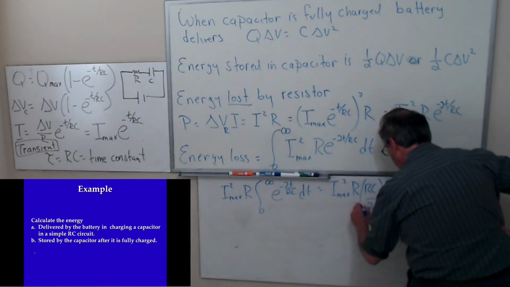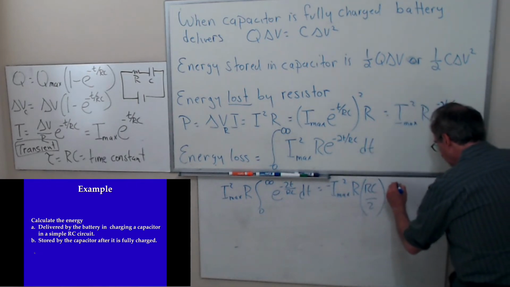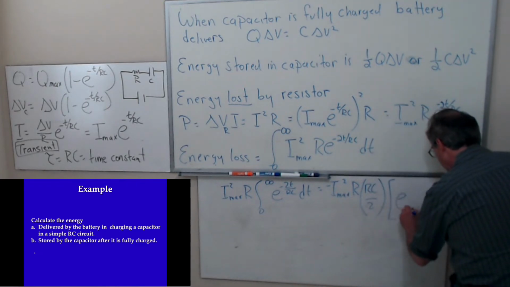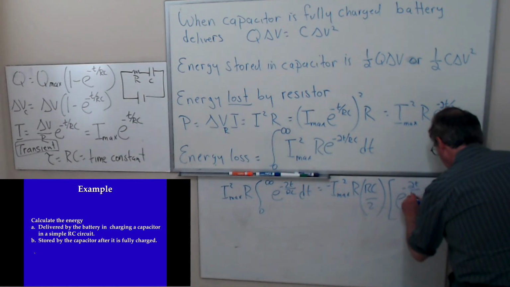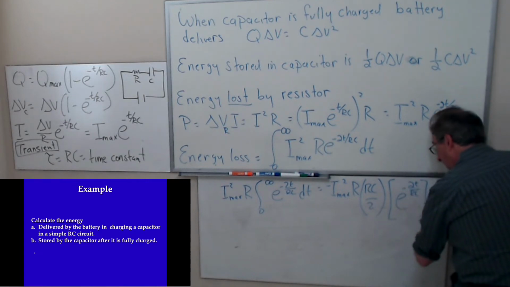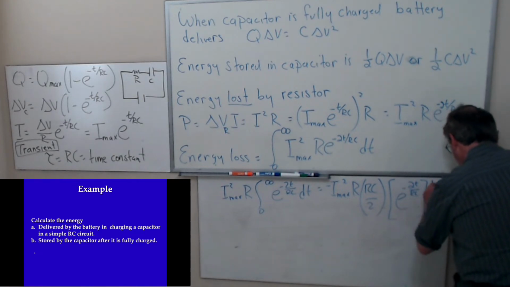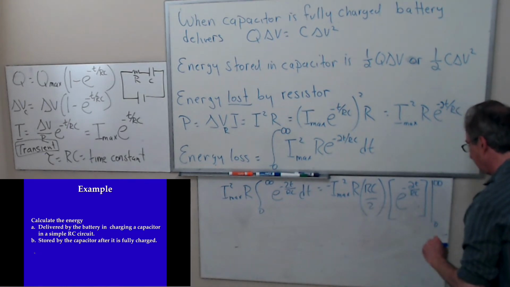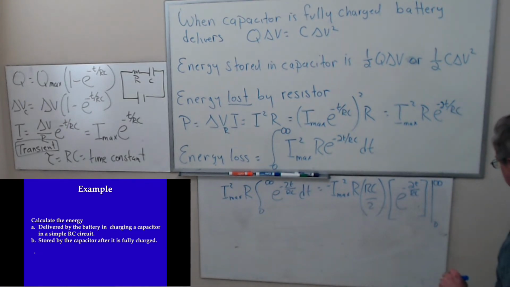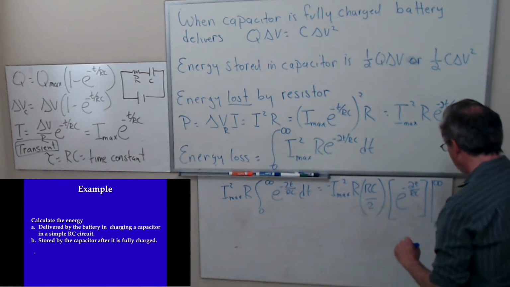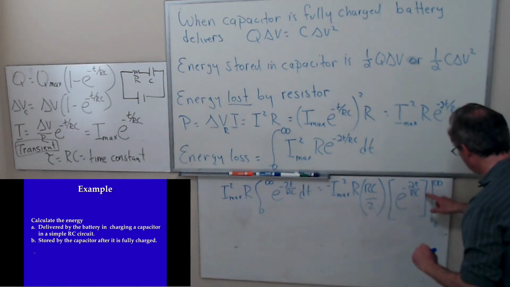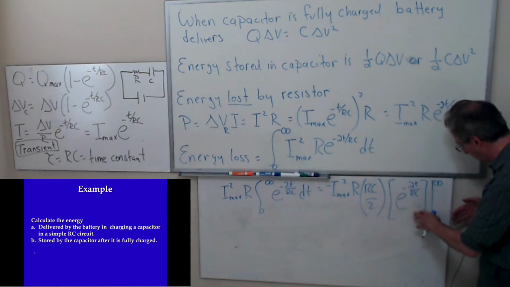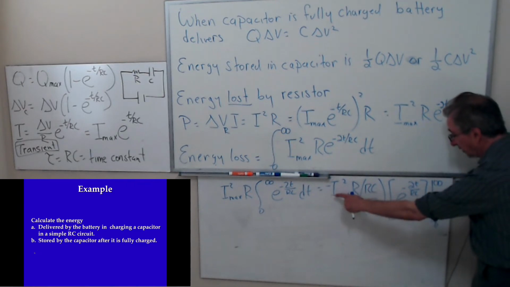I'm going to get a minus sign, I think. Does this look okay? Yeah. What does this come out to? When I put the limits in, what do I get? Just a 1, right? Or a -1? A -1, and that's going to cancel with that.